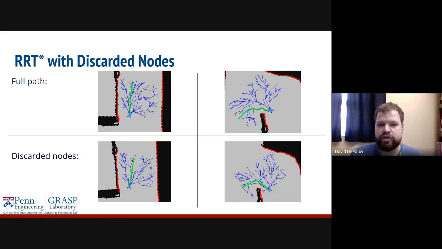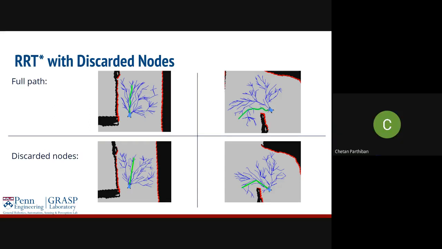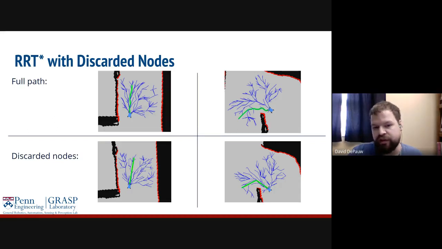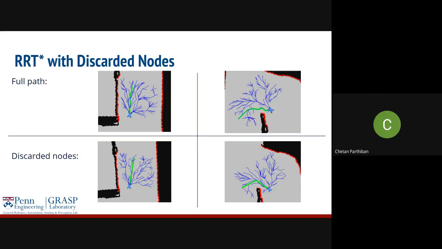This gives us straighter, more consistent solutions, and it allows us to sample a bit less and get very similar paths between tree generations with fewer samples. One thing we figured out a little bit too late is we probably should have gone an extra step and turned these into splines. That probably would have helped our performance later on, but you'll be able to see that a little bit later. Next slide, please.